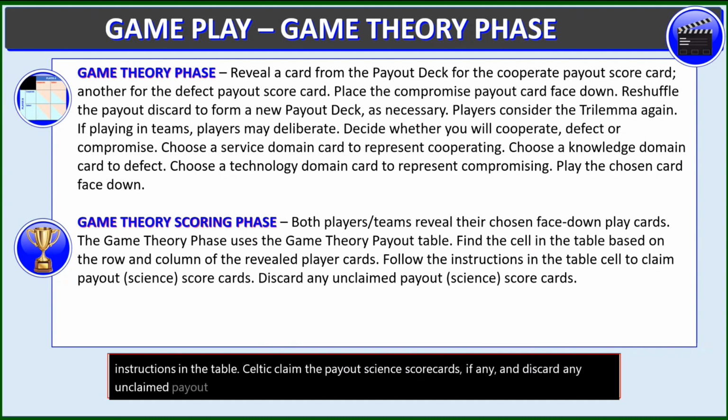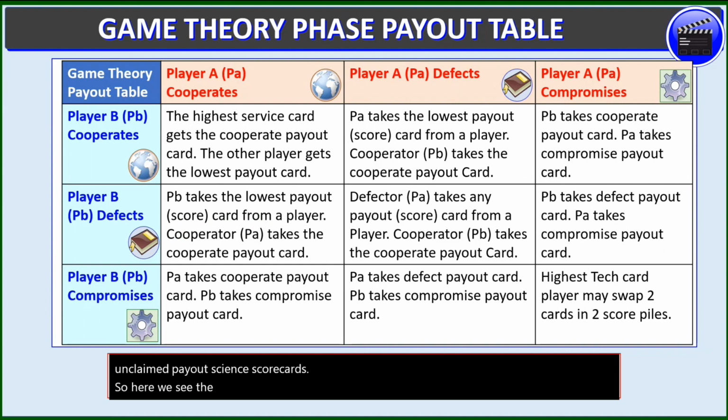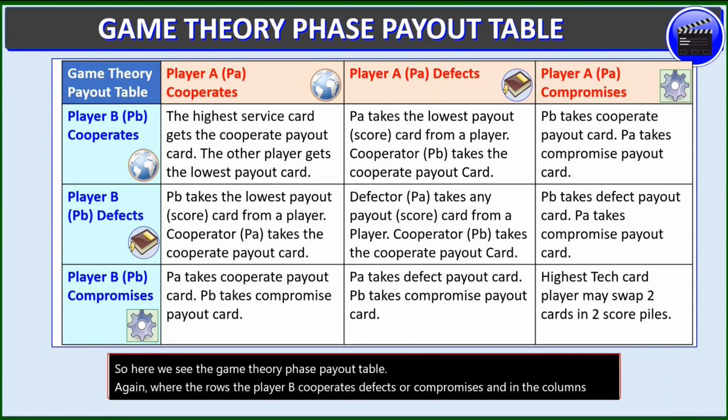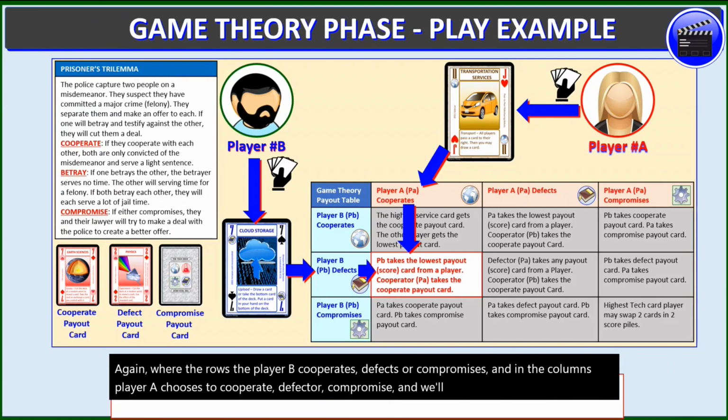So here we see the game theory phase payout table again, where on the rows, player B cooperates, defects, or compromises, and in the columns, player A chooses to cooperate, defect, or compromise, and we'll see an example of that.